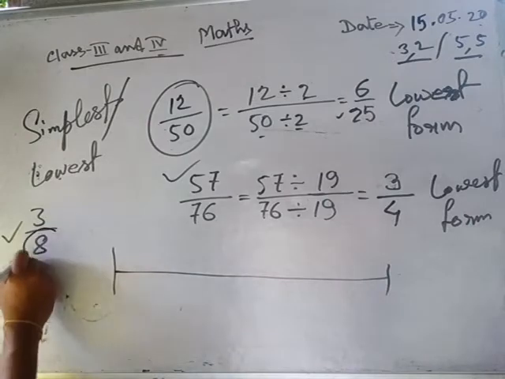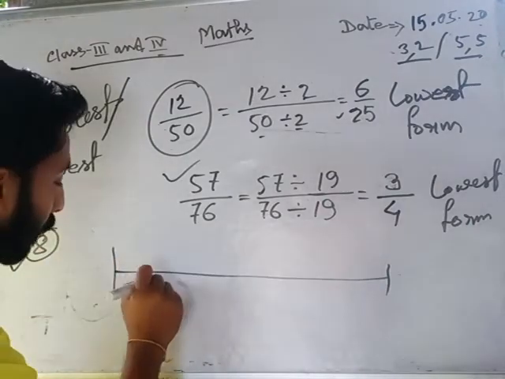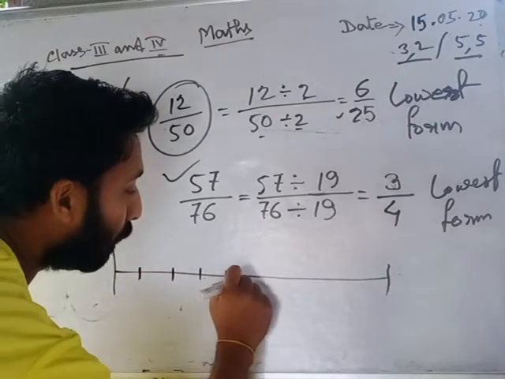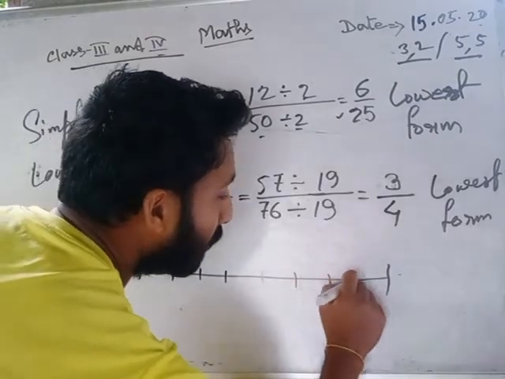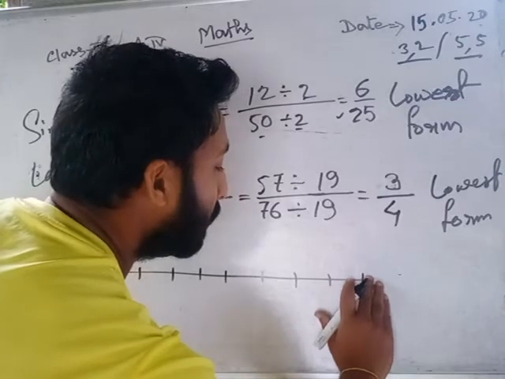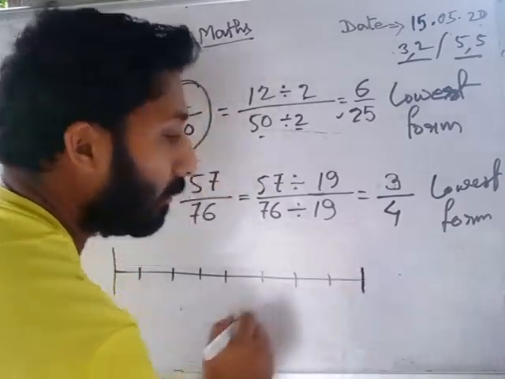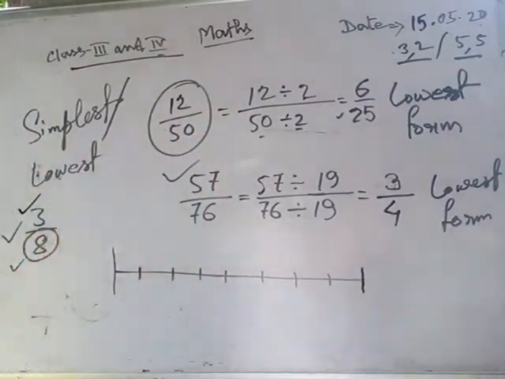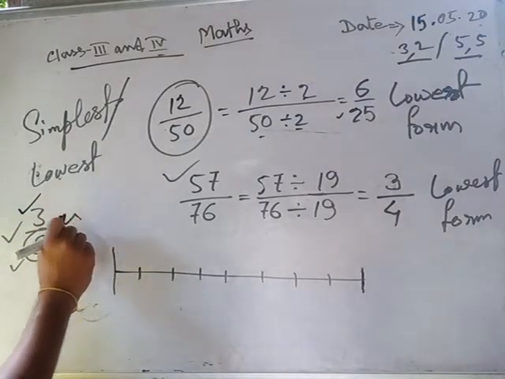That means we can divide a line into 8 equal segments. 1, 2, 3, 4, 5, 6, 7 and 8. Because 8 parts. Okay, 3 parts are there as the numerator.